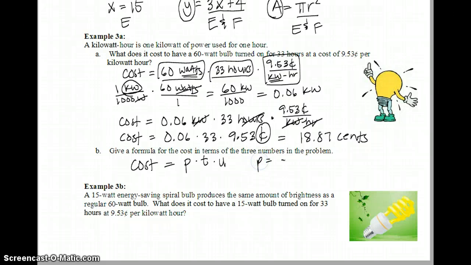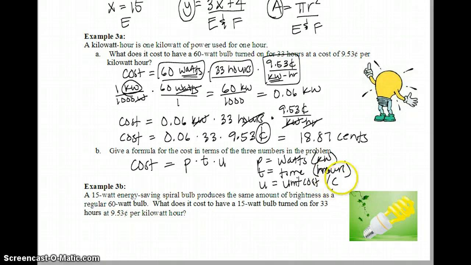So P equals power, in this case kilowatts, T equals time, in this case hours, and U equals that unit cost, in this case cents per kilowatt hour.